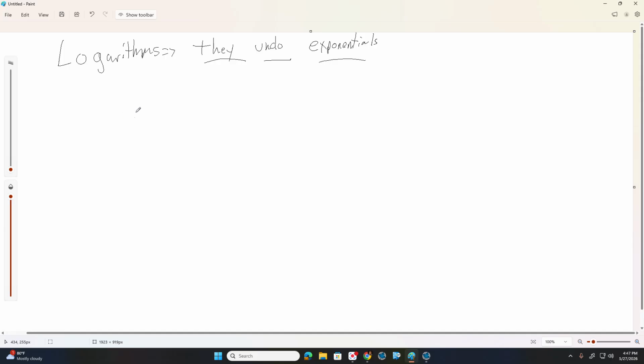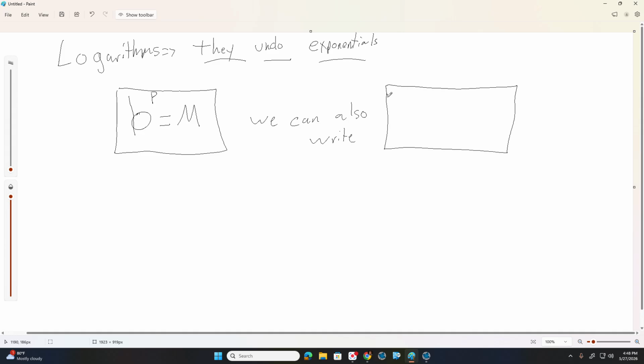So you can take any logarithmic statement, let's say b to some power p, and we'll set that equal to m. If this statement is true, we can also write that the logarithm base b of that number m is p.